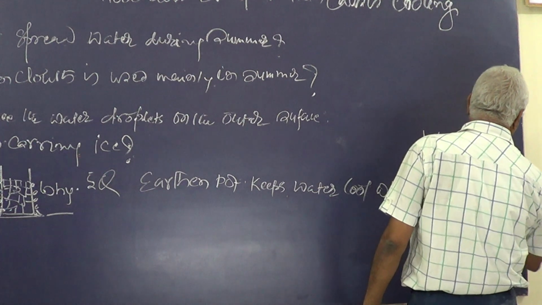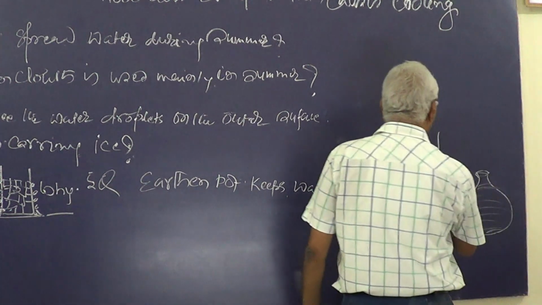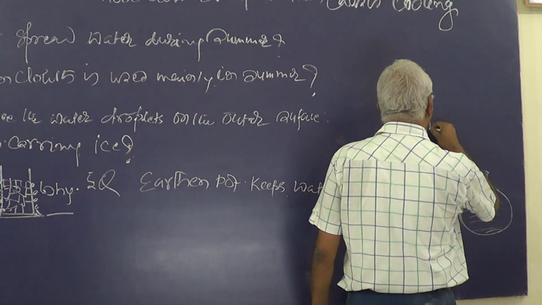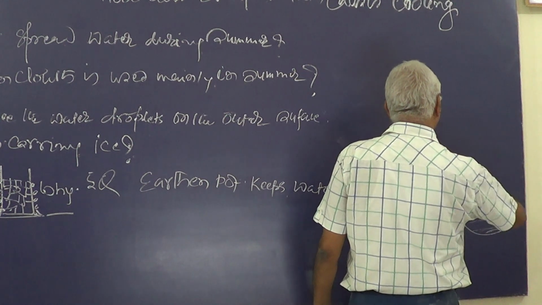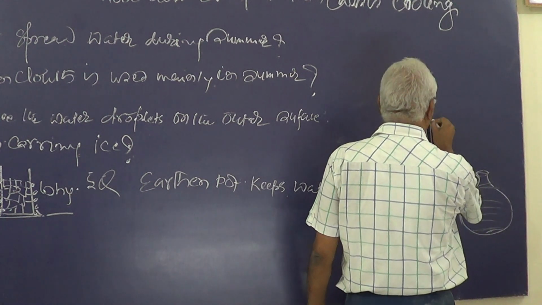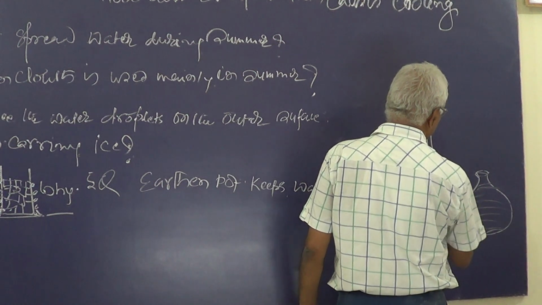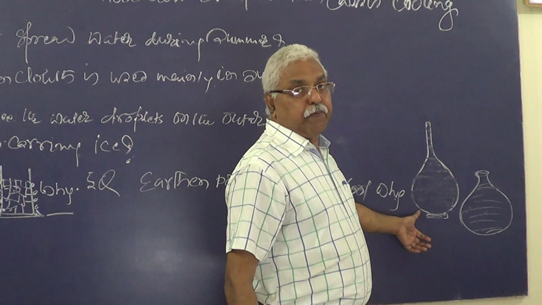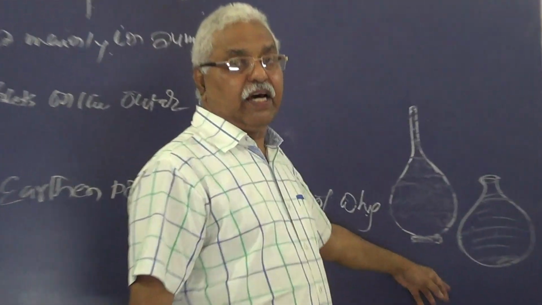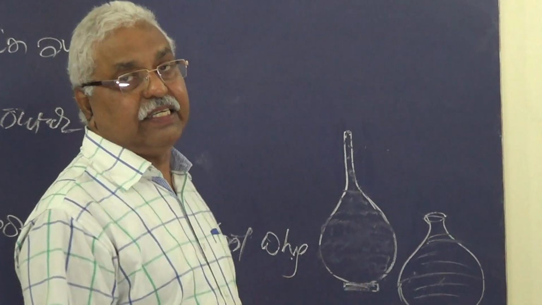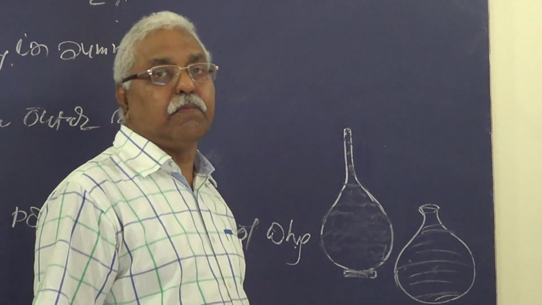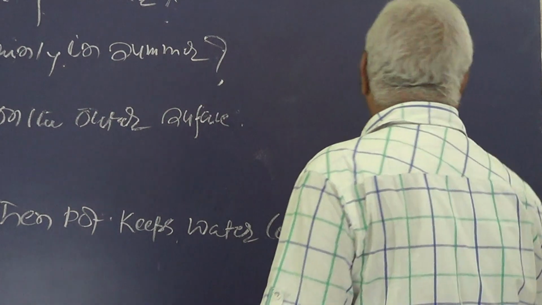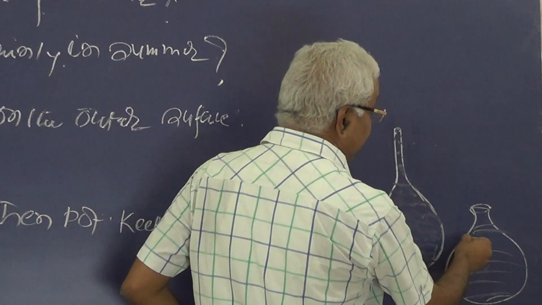You know that these are matkas. Earthen pot, matka and surahi, generally we have seen in that. Nowadays these are not much in use, but matka is still much in use. Why? It keeps the water cool. Now water molecules are there.